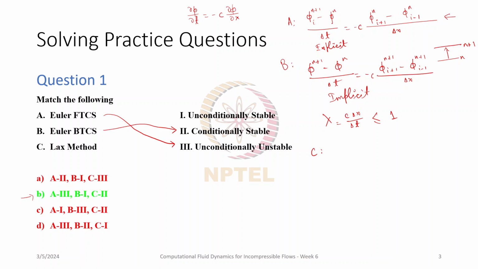Now here, instead of taking phi at i, we will take an average at the nth level, the average between the I plus 1 and the I minus 1 locations, both at the nth level. And the right hand side would be the same as before.